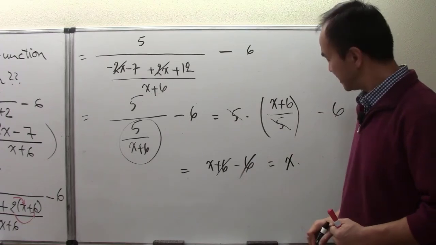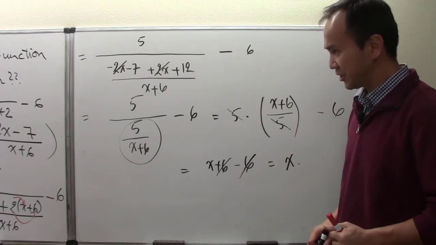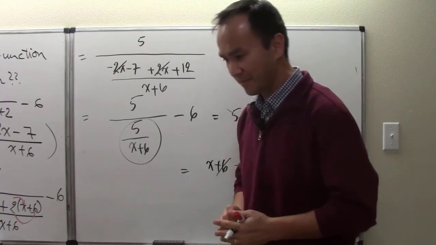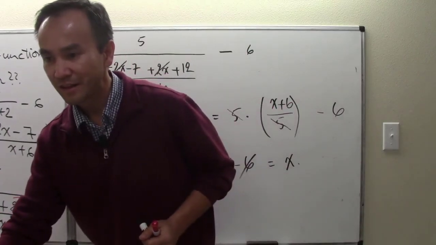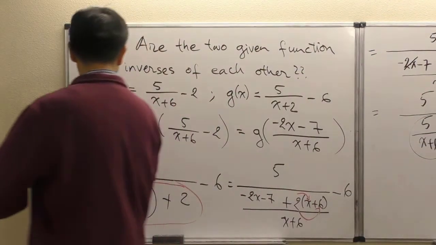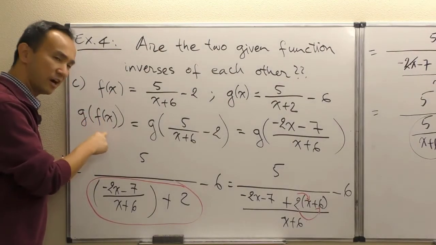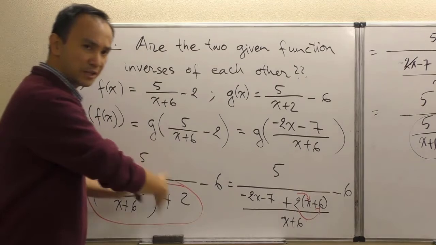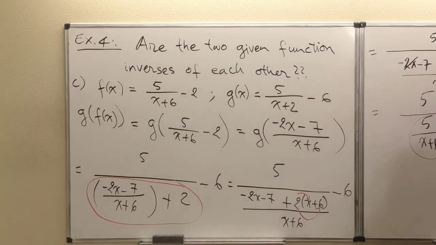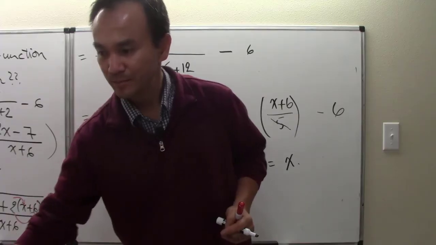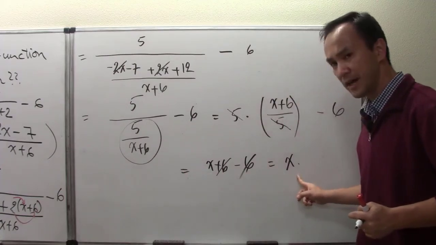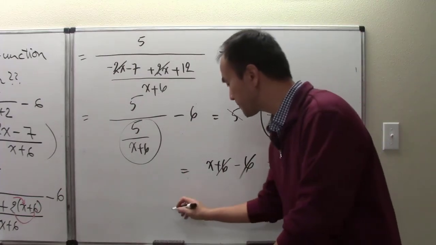All right. So what else have we found? Just now we have done, from the starting point we were firing up g of f. We work our way through, and we ended up with x. So now let's make a conclusion.